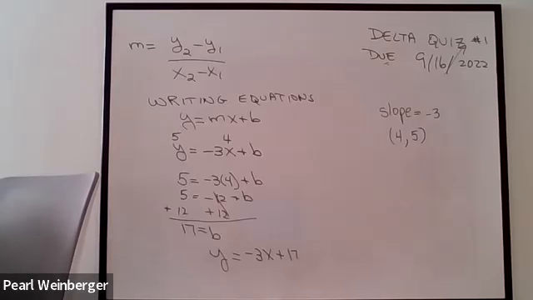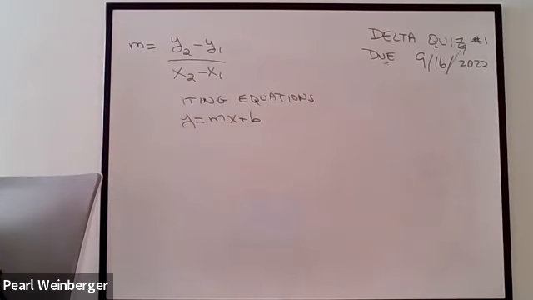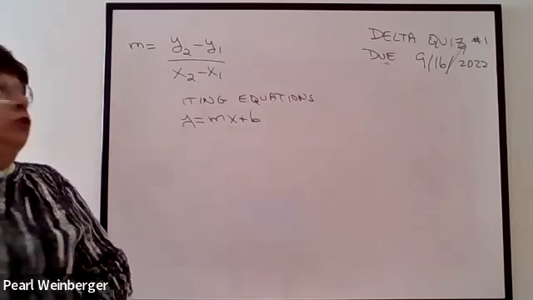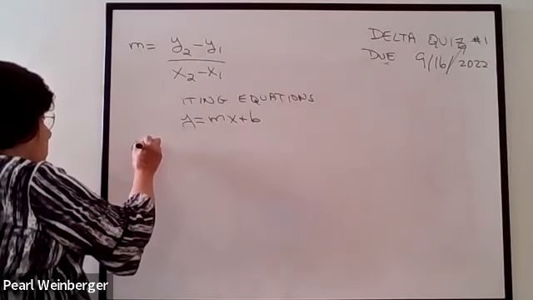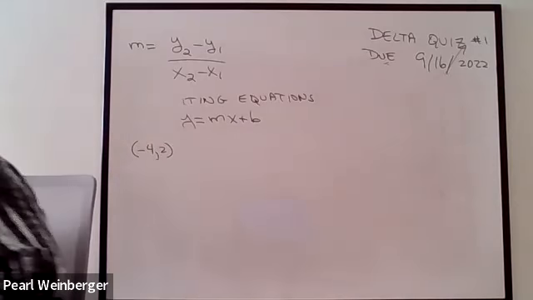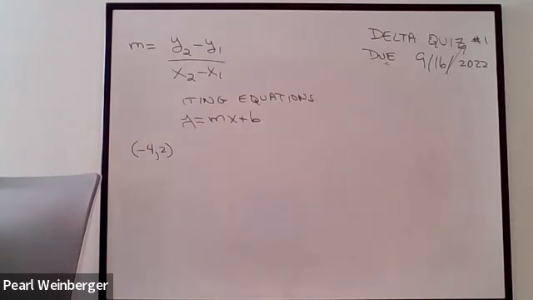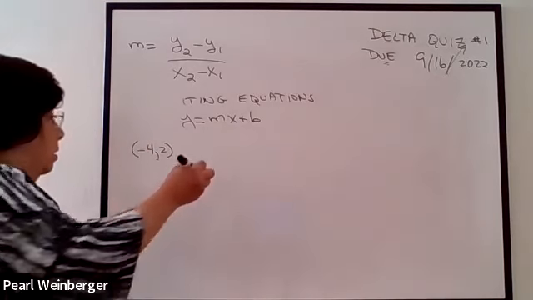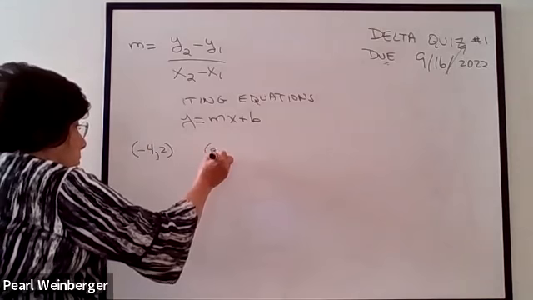Let's do this example. Suppose I give you 2 points on a line. (-4, 2) and (3, -5).